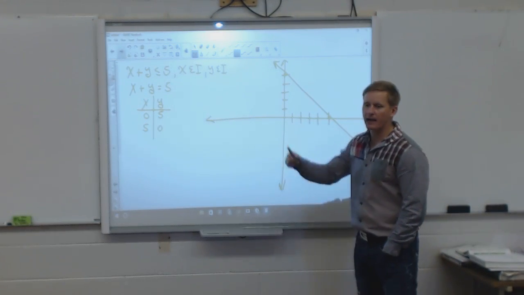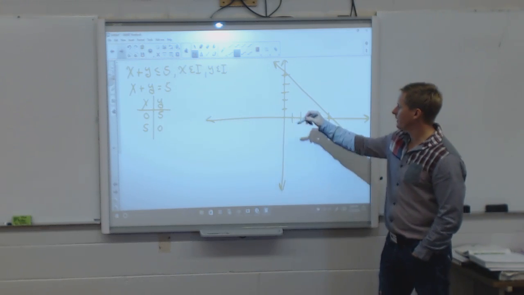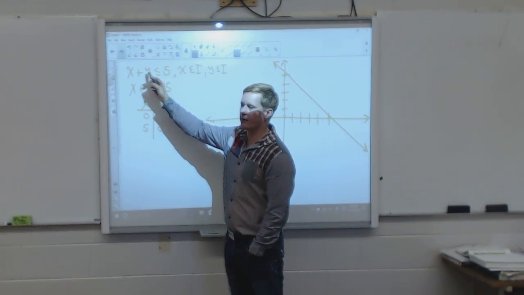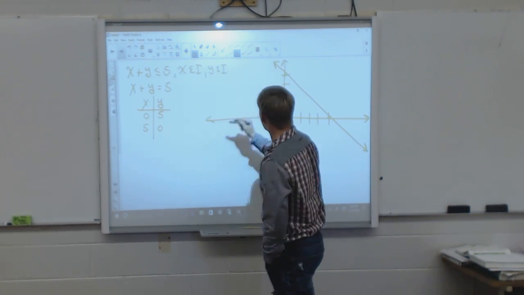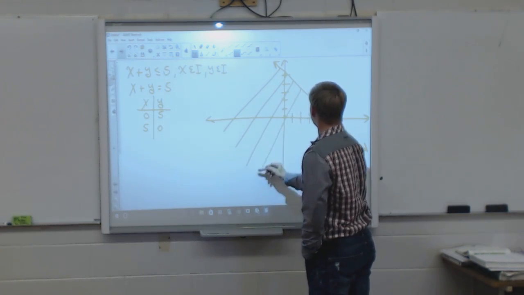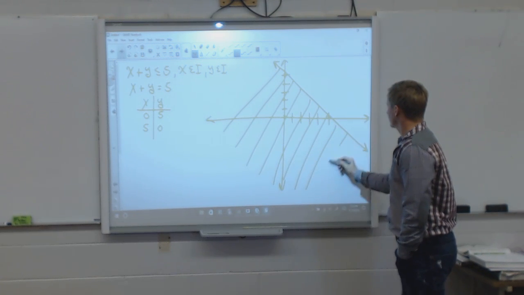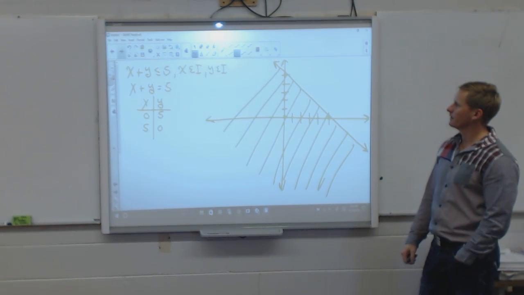So what do I do to check and see if that's right? Put in a coordinate. Let's put in 0 and 0. 0 plus 0 is? 0. 0 less than 5? Yeah. Okay, so let's shade this area here. Okay, because it includes that 0, right?